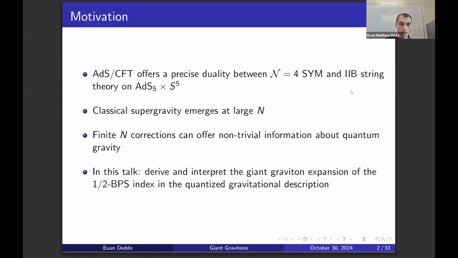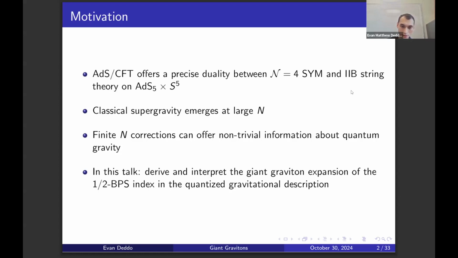In this AdS/CFT description, classical supergravity emerges in the limit of large N. So we can begin on the field theory side with the infinite N description, and then consider finite N corrections to this. By mapping these to the gravitational description and interpreting them there, we can get non-trivial information about quantum gravity, for example, log corrections to black holes.